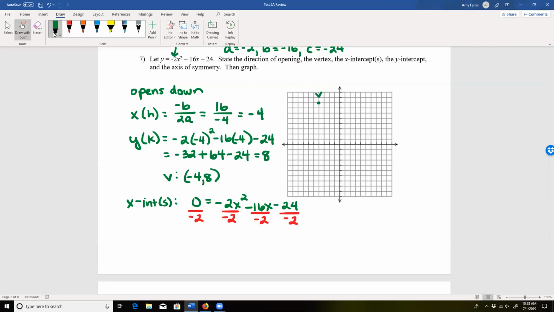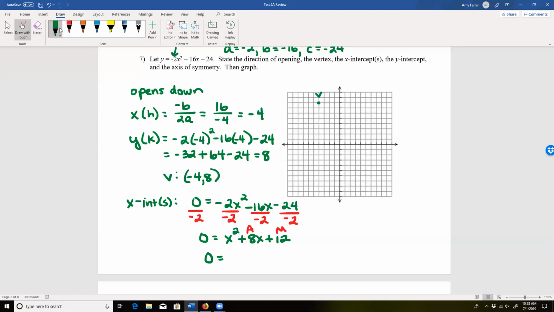So look for a common factor to make your factoring easier. So we have 0 equals x squared plus 8x plus 12. Since my leading coefficient is a 1, I just need to look for 2 numbers that add to 8 and multiply to 12.